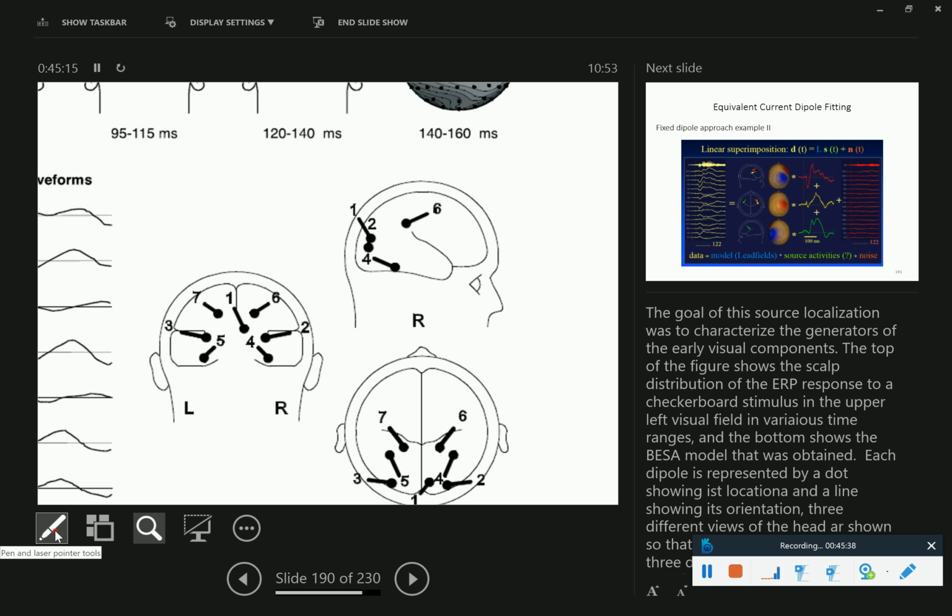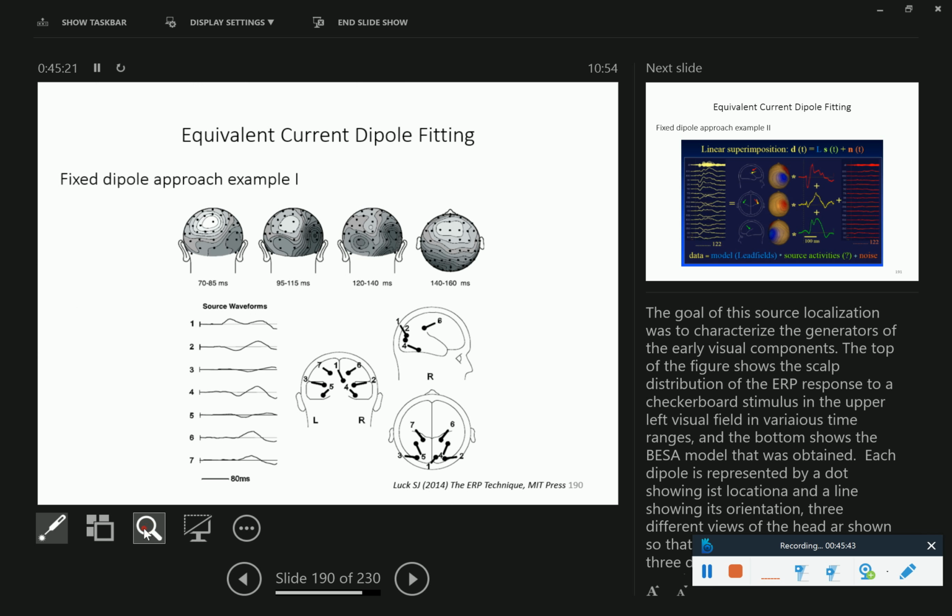Now, if you fix them and just let their moments vary, then in this example you see that these early ones capture EEG activity around 80 to 100 milliseconds, so mainly picking up P100 activity, and the ones located more in parietal cortex pick up activity that's happening later. Here, 106, there would be more N140.